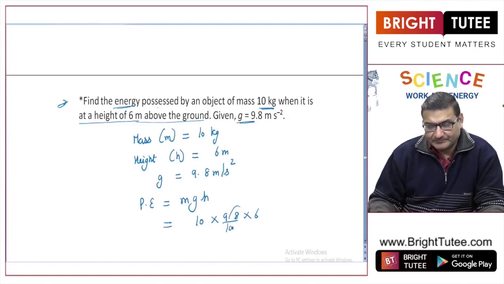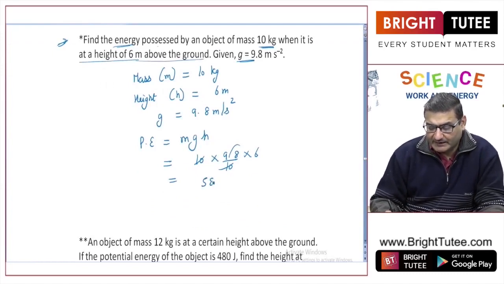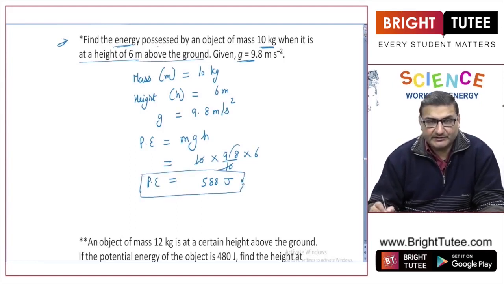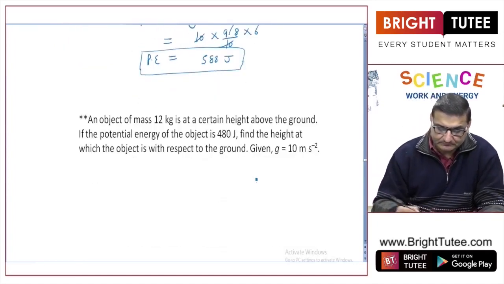Removing the decimal, dividing it by 10 and cancelling it, I will get 98 into 6, which comes out to be 588 joules. So, this will be the amount of potential energy possessed by that object which is raised to a height of 6 meters. Clear? Quite simple. Now, next question.